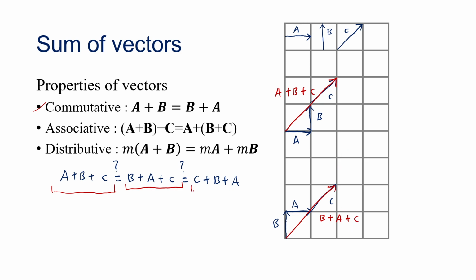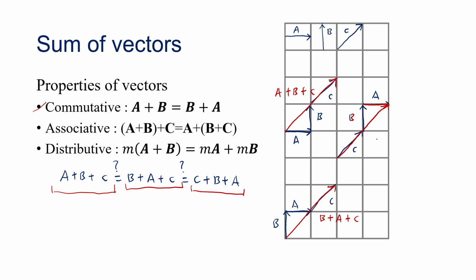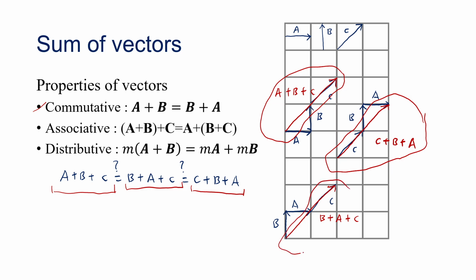And let's try out the last one, C plus B plus A. We start with C, then we do B, and last we draw A, and again you can see this is C plus B plus A. You can see these three red arrows are the same, right?